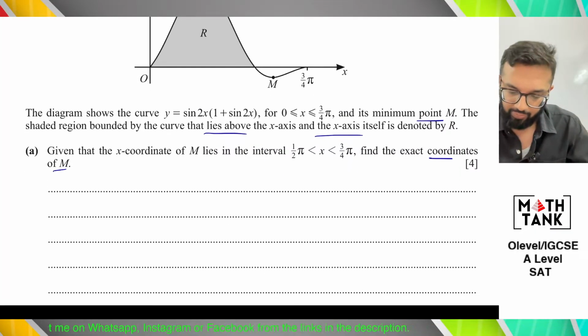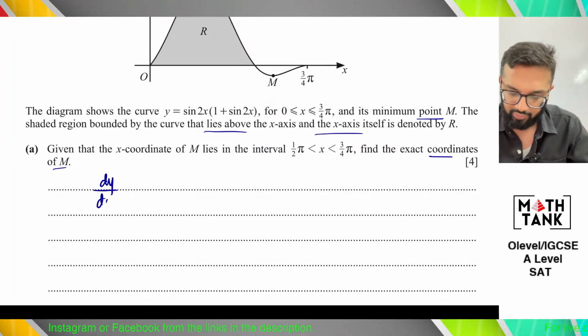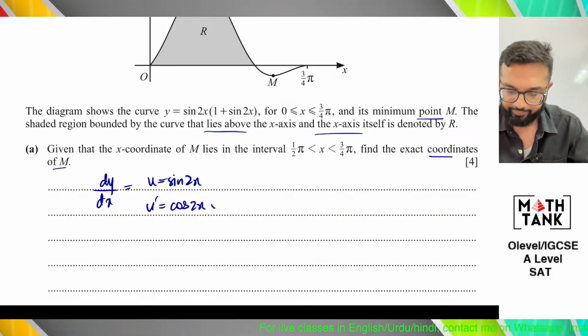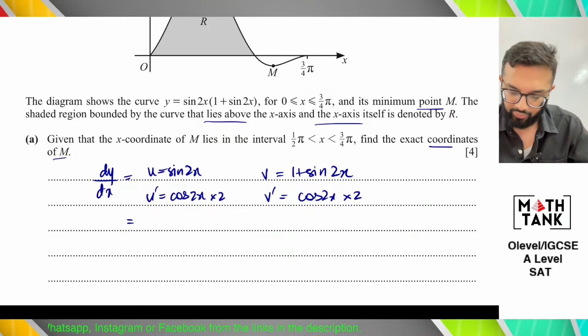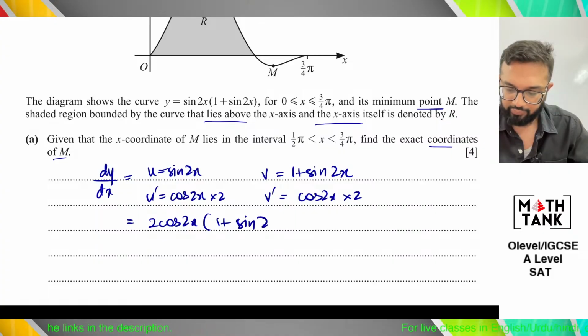Okay, so a minimum point is basically differentiation. So I am going to differentiate. Sine 2x differentiates to cos 2x into 2. And 1 plus sine 2x also differentiates to cos 2x into 2. So u'v plus v'u equals 0.